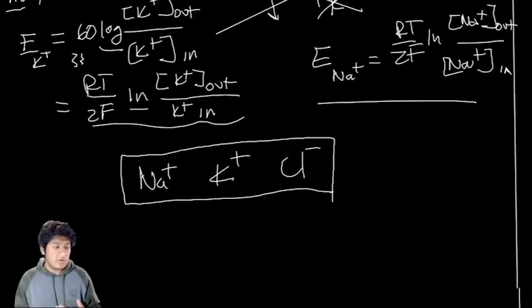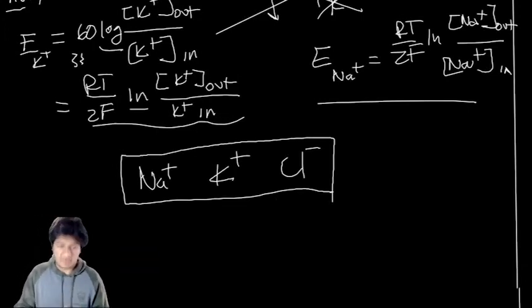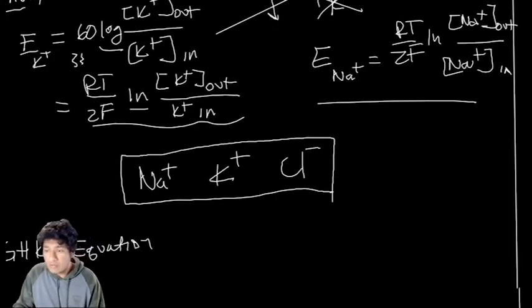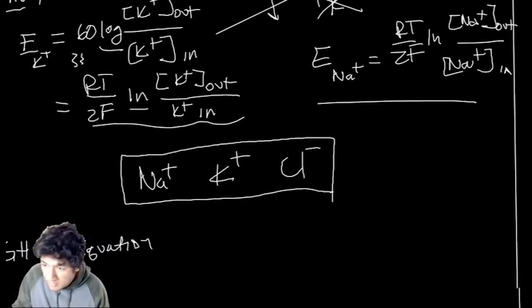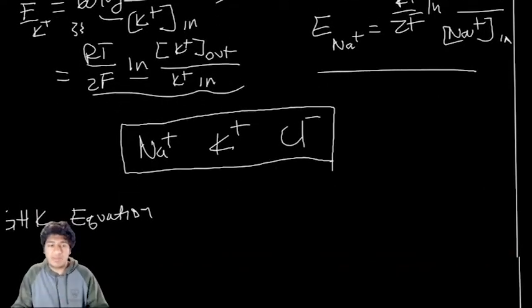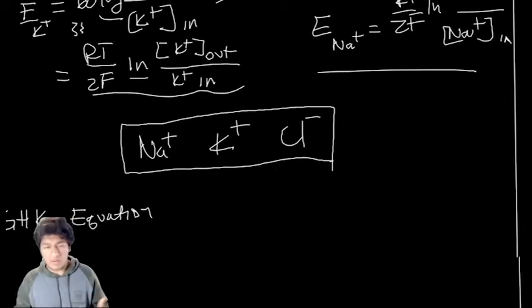All of these ions have to be taken into consideration when talking about the overall membrane potential. So another group of neuroscientists, Goldman, Hodgkin, and Katz, came up with a different equation to better represent the overall membrane potential. This is called the GHK equation. It's pretty long, so I hope you're ready to break this down, because it's really similar to the Nernst potential, just more elongated.